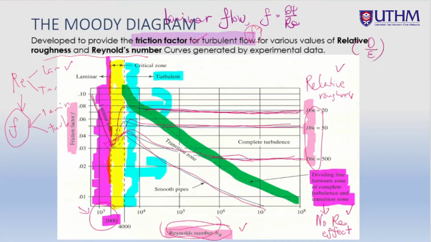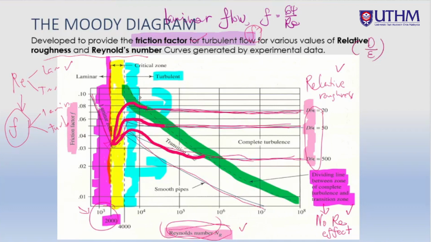Dia dah consistent dah the value. And cuma yang berbeza dia hanya dekat bahagian this transition zone. That's why transition zone ni sebenarnya payah sikit. Dia macam everything is not consistent. Kan? The value varies depends on relative roughness.